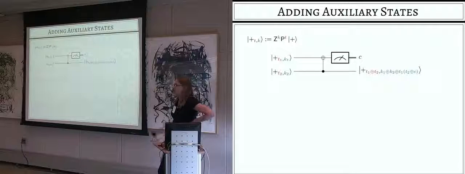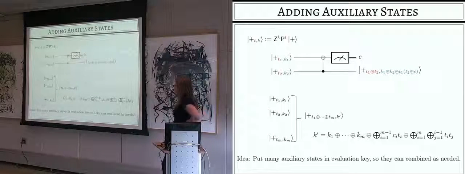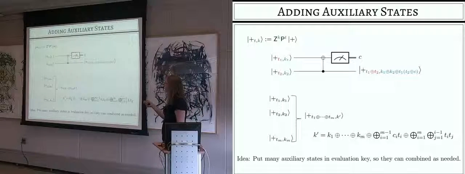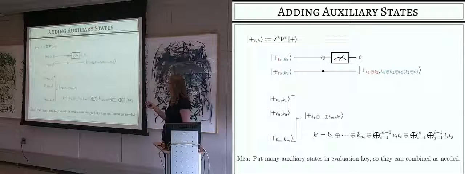So that means that if we have some arbitrary number of plus states hiding these different P corrections, we can get this plus state here. Okay, so the idea will be that if we have many auxiliary states of this form, where T runs over all of the initial one-time pad keys, we can make a plus state for any linear function of those initial keys.